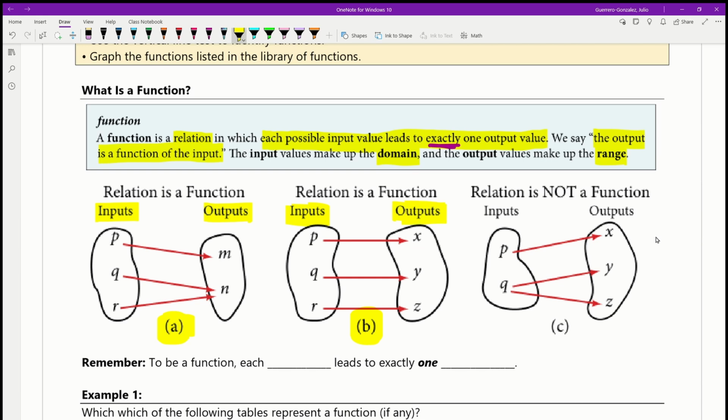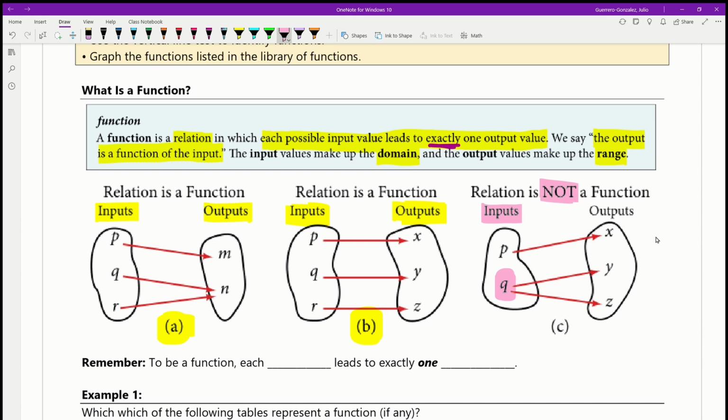This very last one, I'm going to do it in red. It is not a function. If you take a look, here's my set of inputs, and let's take a look in particular at Q. Q goes to two outputs.